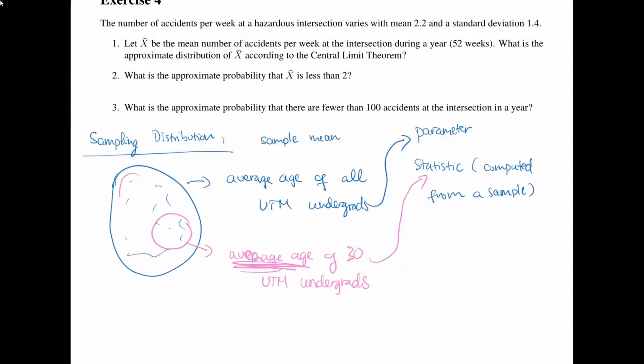And you might notice that if you choose a different sample, but still from our population, this different sample might give you a different average age. Okay, these two values might be different.